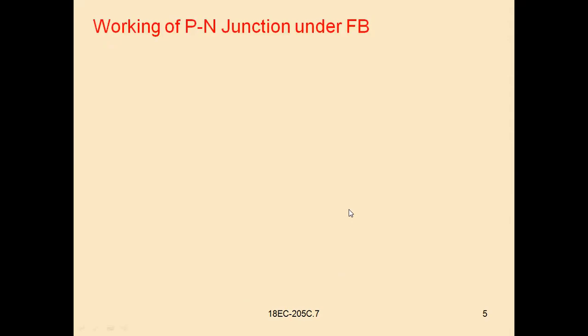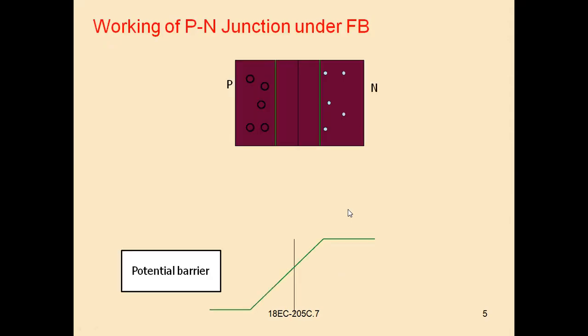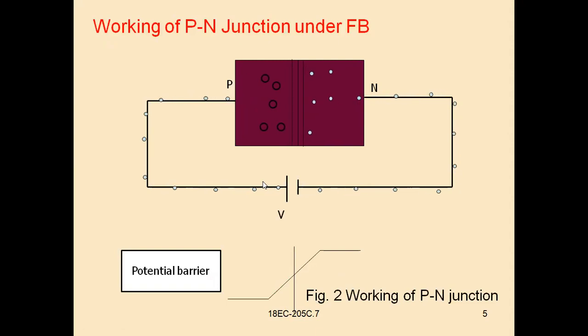Working of p-n junction under forward bias. If it is connected under forward bias condition, what happens? In p-type semiconductor, the majority carriers are holes. In n-type, the majority charge carriers are electrons.